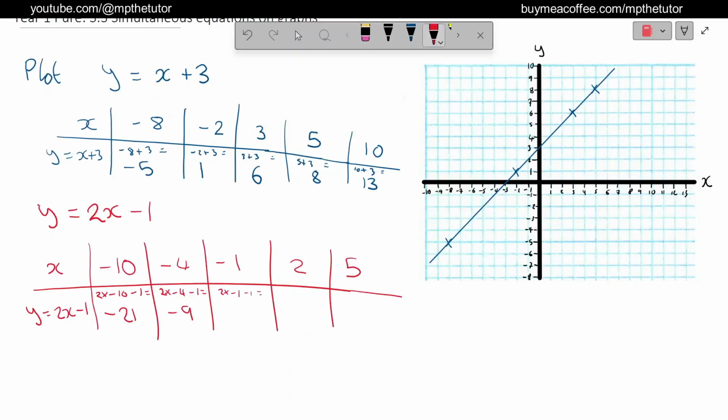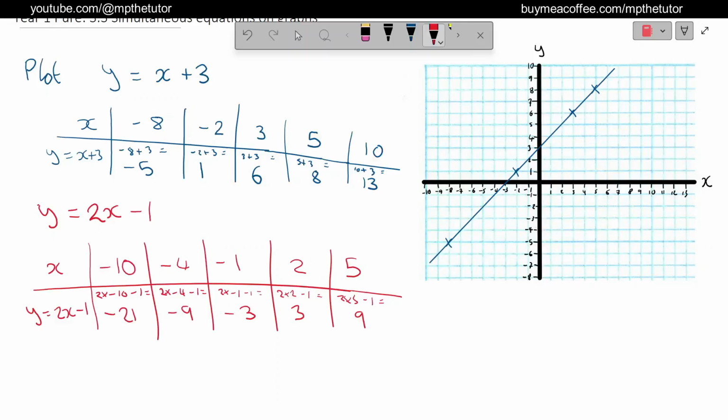Well, 2 times minus 1 is minus 2. Minus 1 gets you minus 3. Then you have 2 times 2 minus 1. Well, 2 times 2 is 4. Minus 1 is 3. Then we have 2 times 5 minus 1. 2 times 5 is 10. Minus 1 is 9.